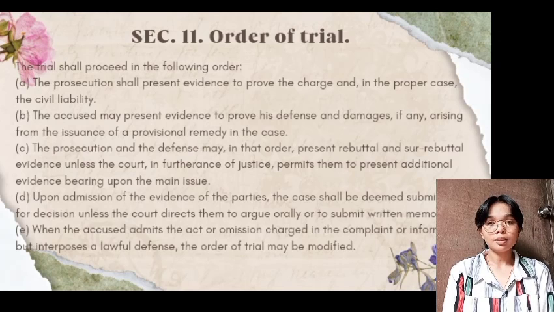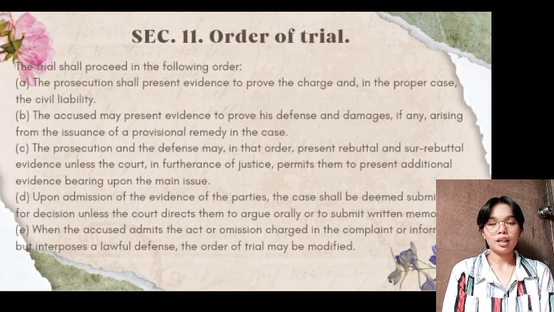In such cases, the typical order of trial, where the prosecution presents evidence first followed by the defense, may be altered. This provision acknowledges situations where the admission of the act or omission is not disputed, but where the focus shifts to the validity of the defense raised by the accused. As a result, the trial process may be adjusted to accommodate these unique circumstances, ensuring that justice is served effectively and fairly.